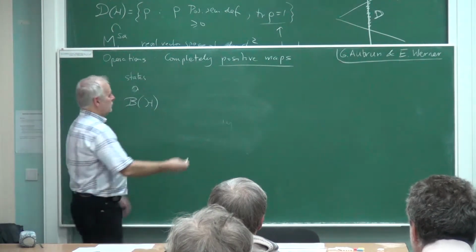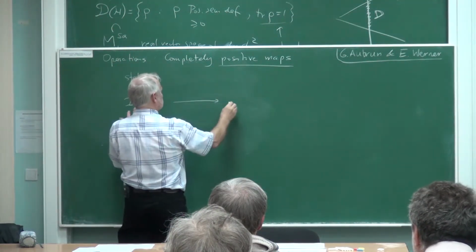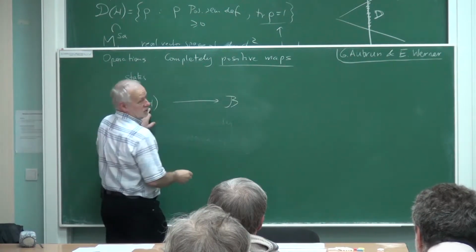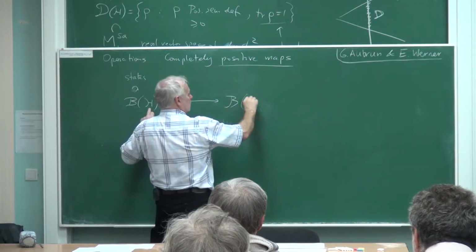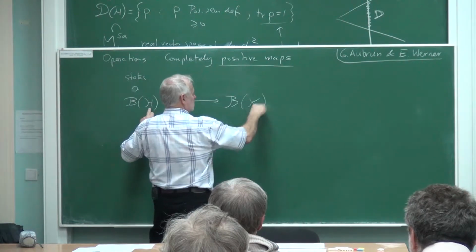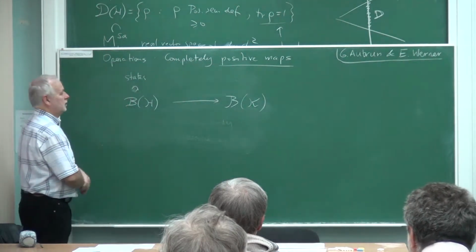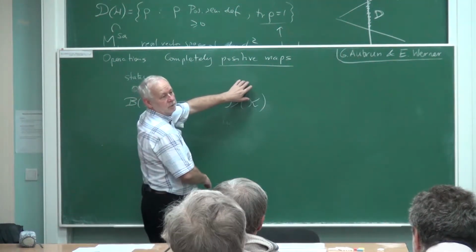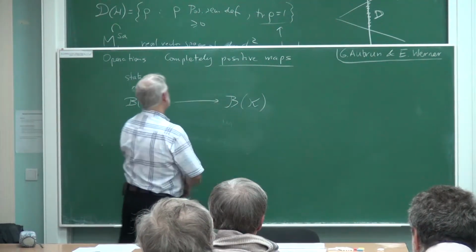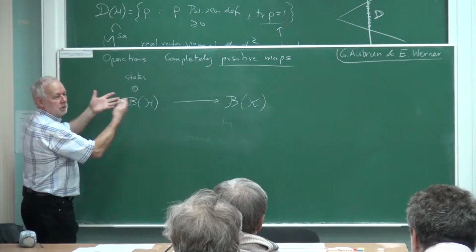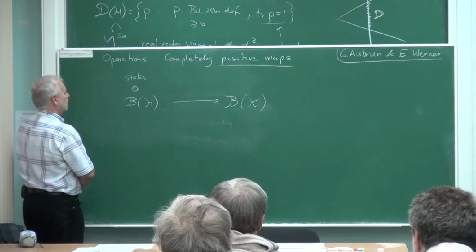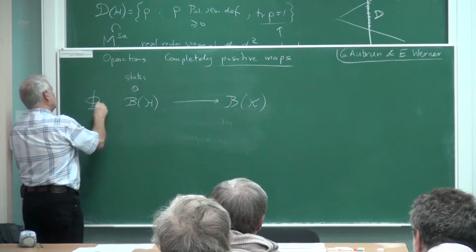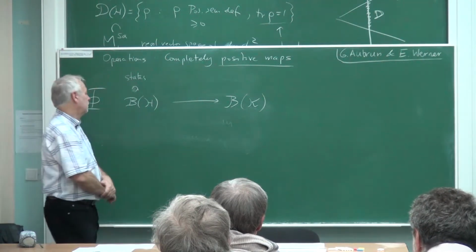And then there will be an operation which works to bounded linear operators maybe on a different space, let's say K. This is the initial state, this is the output state after the operation. You act on a system, it changes somehow. So here we have, let's say, capital Phi.